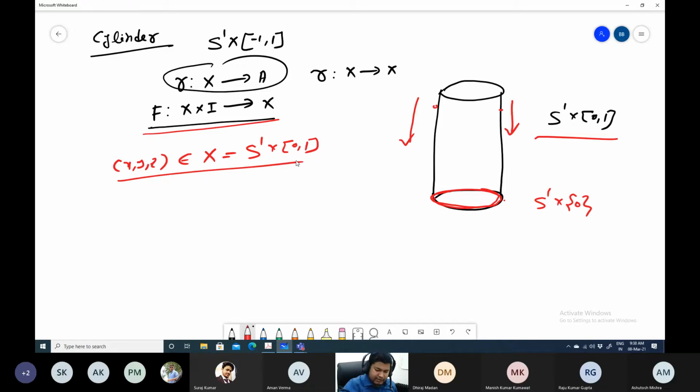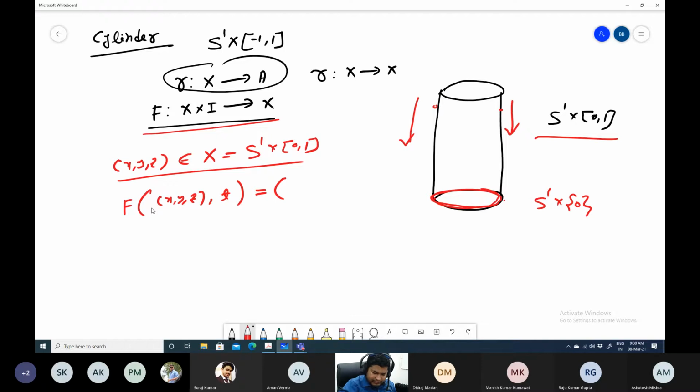But if we take it this way, then we can define f of this (x, y, z), say t, in this way. I should not write it like this. Shall I write it this way?